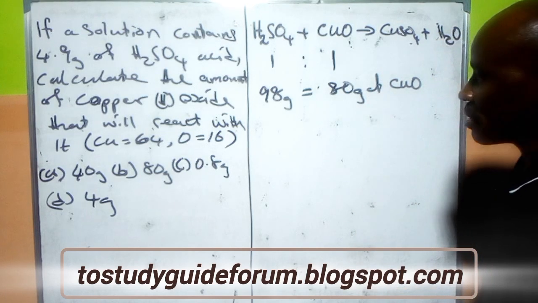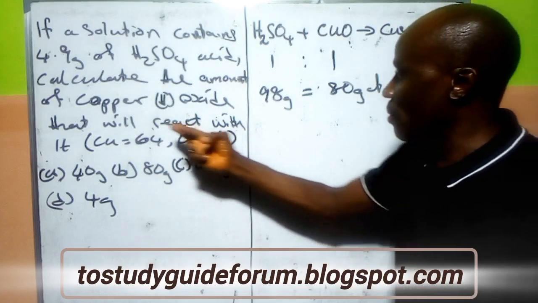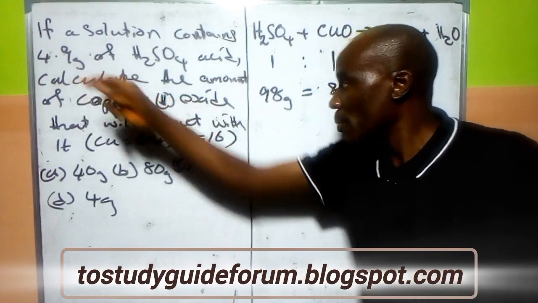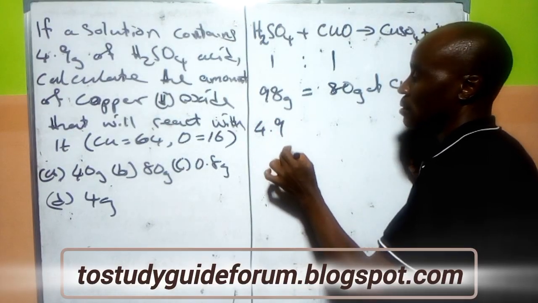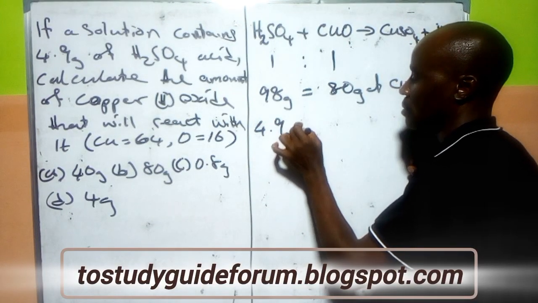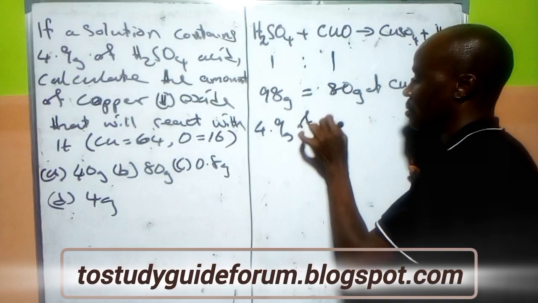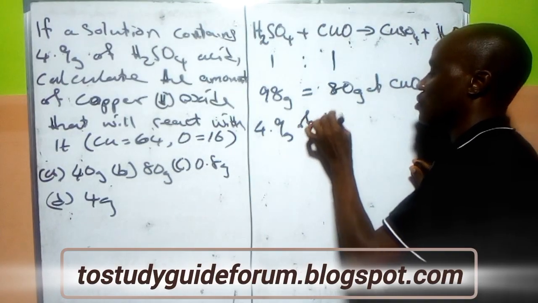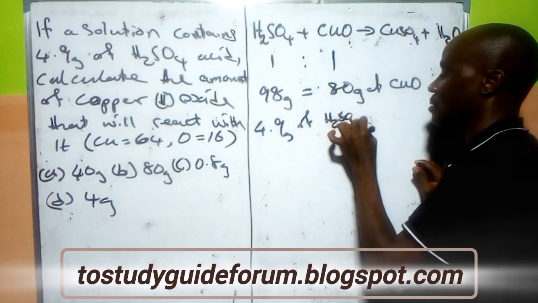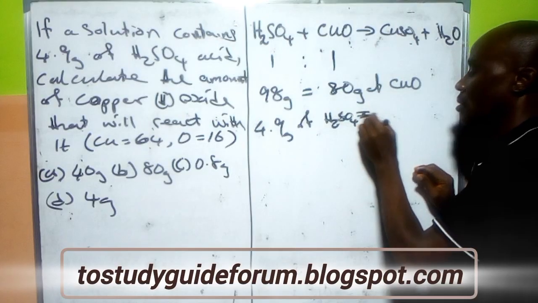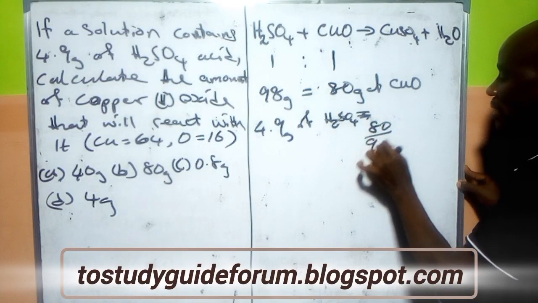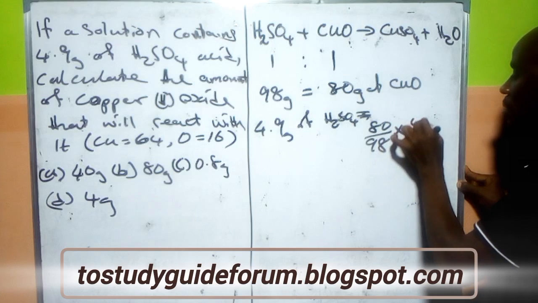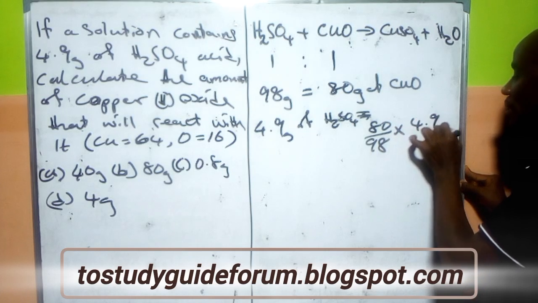So what do we do next? We want to find the amount in grams that will react with 4.9 grams of the acid. That will be 80 over 98 times 4.9.